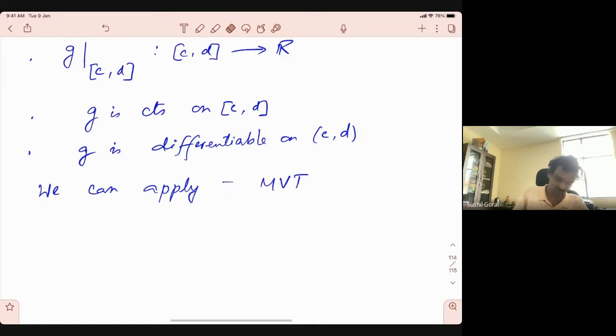Well, there are several mean value theorems, and the Lagrange is one.